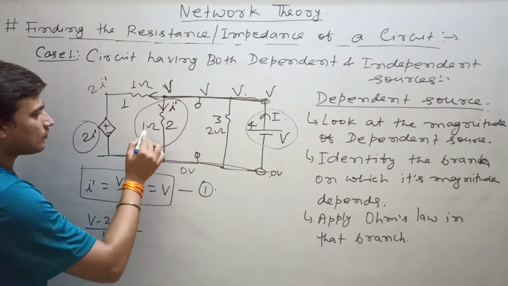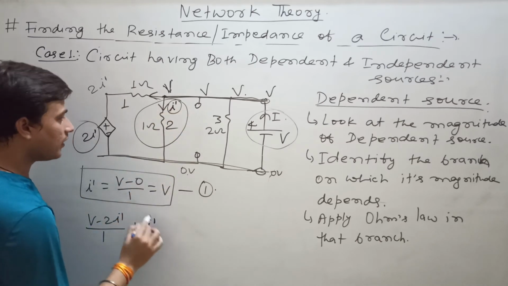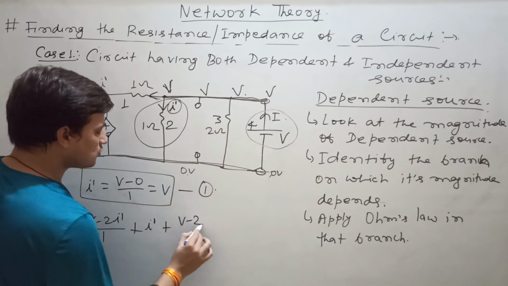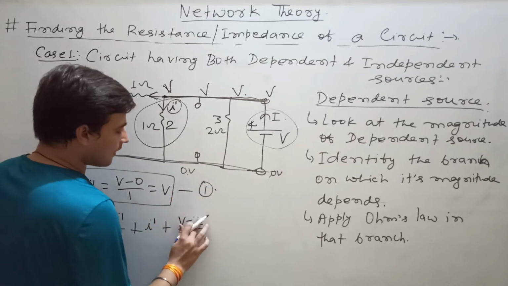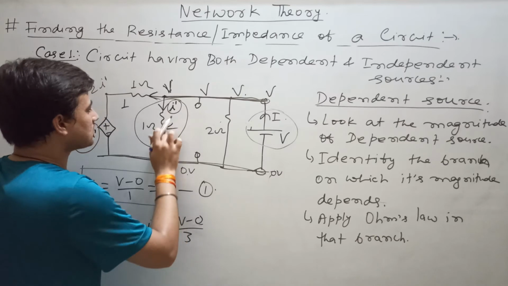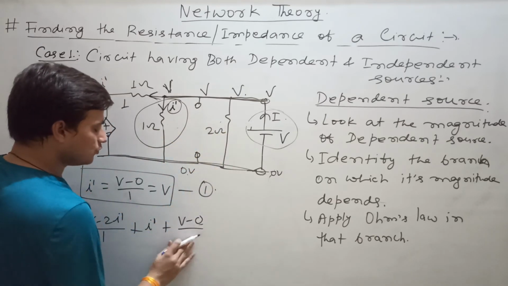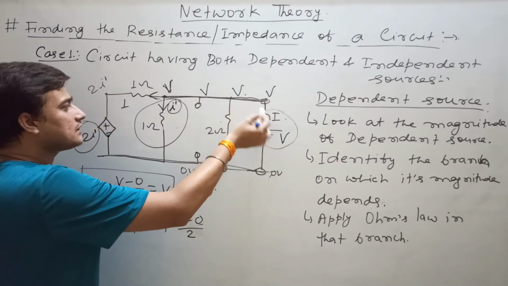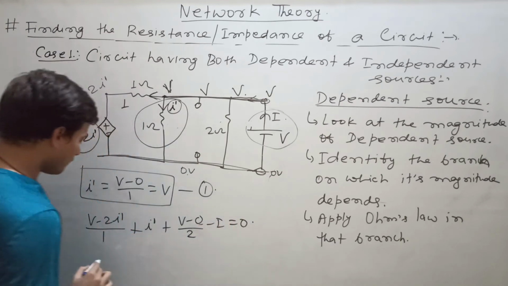(V minus 0) by 1, or you can simply write it I'. I' is already marked, plus this current will be (V minus 2) divided by 3, (V minus 0) divided by 2. This is branch number, so don't confuse with the numbers given here. (V minus 0) divided by 2 plus, now here this current I is incoming current, so minus I will be equal to 0.